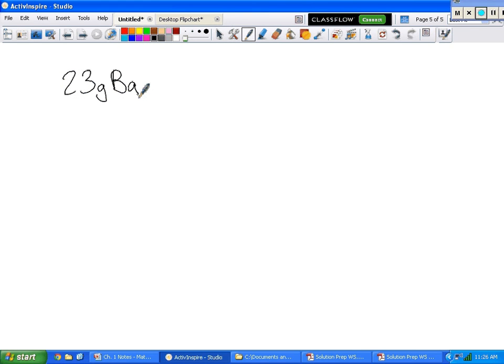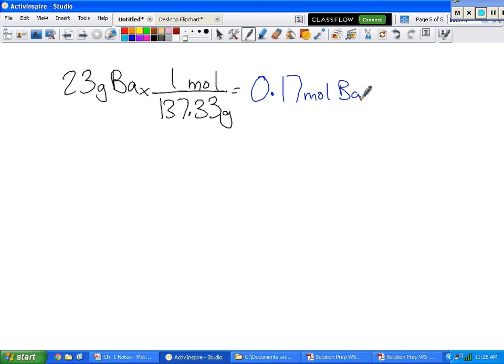That gives me 1 mole, which gives me how many moles? 0.1 what? 1.7. Why just 1.7? 2 sig figs, okay? And that's moles of barium. So I've got moles. Is everybody with me so far? Now, but they didn't ask for moles. They asked for what specifically? Concentration.